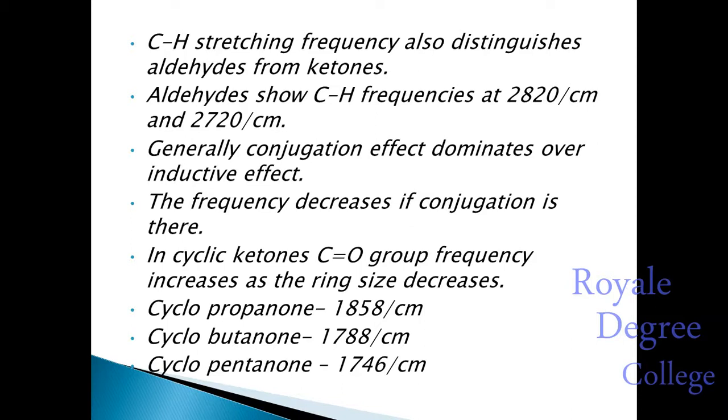In cyclic ketones, C=O group frequency increases as the ring size decreases. Cyclopropanone, its range is 1858 per centimeter, cyclobutanone 1788 per centimeter, and cyclopentanone 1746 per centimeter.